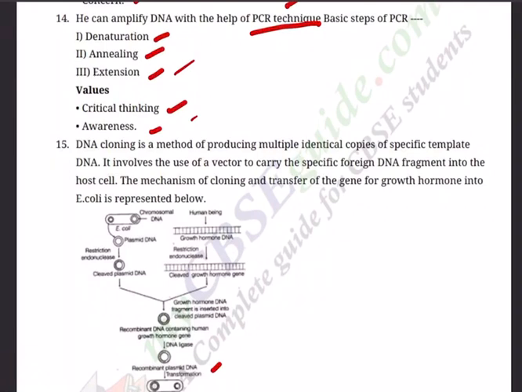Question 15, long answer type. DNA cloning is a method of producing multiple identical copies of specific template DNA. It involves the use of a vector to carry a specific foreign DNA fragment into the host cell. The mechanism of cloning and transfer of the gene for growth hormone into E. coli is represented below.